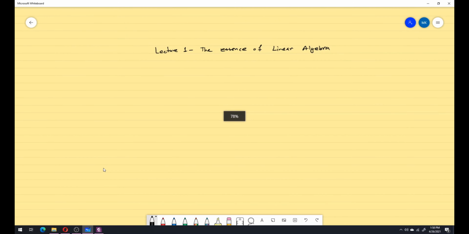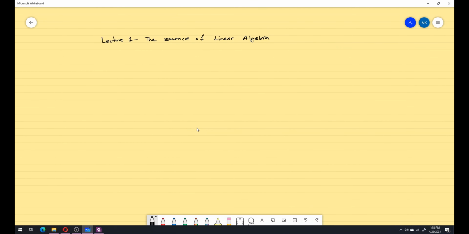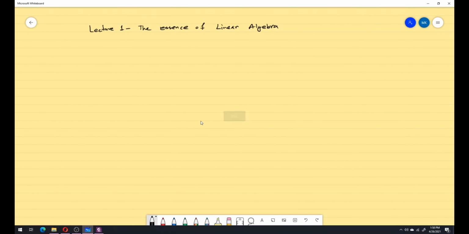The use of linear algebra is basically to solve linear systems of equations.